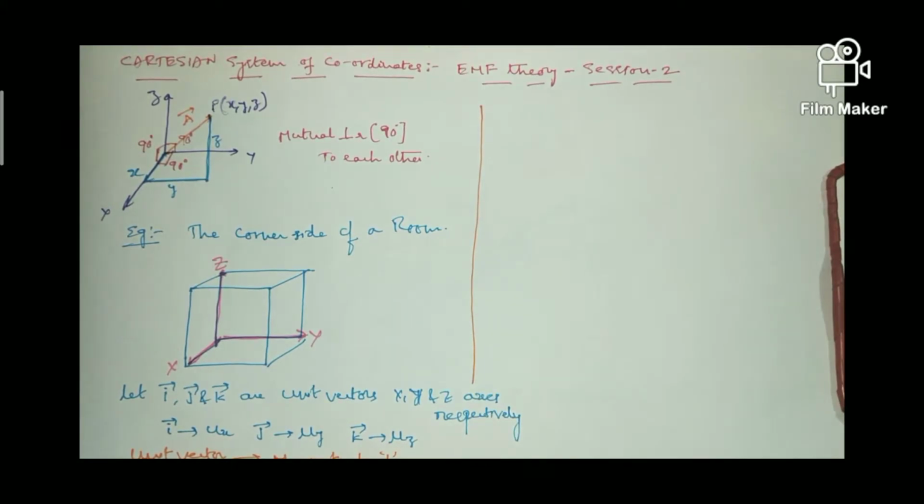Next, we consider the dot product of unit vectors.